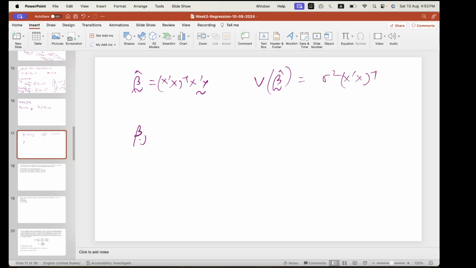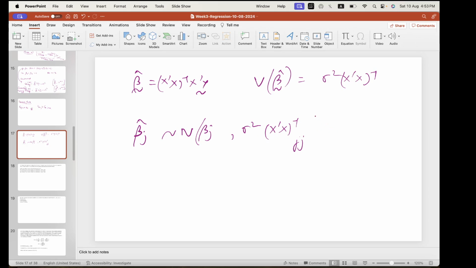Okay, and each beta j hat follows a normal with mean beta j and variance sigma square times the jth diagonal element of the X prime X inverse matrix.